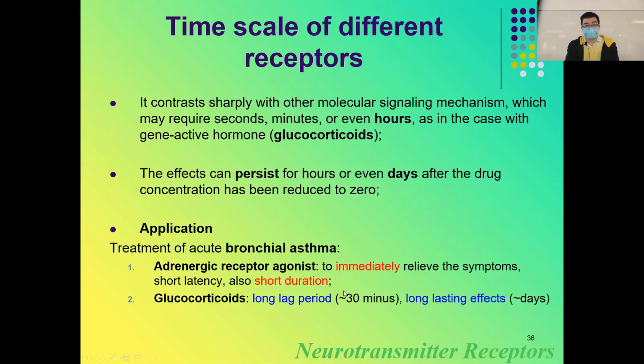Okay. Now the other one is glucocorticoids. Okay, that will have a long-lasting effect, more than 30 minutes or days, because that will help to suppress the immune response in the bronchioli. Okay. Now actually allergy is something that also affects a lot of people.